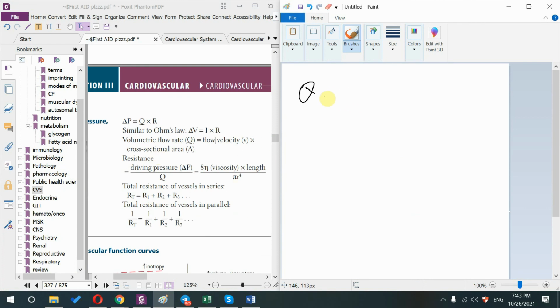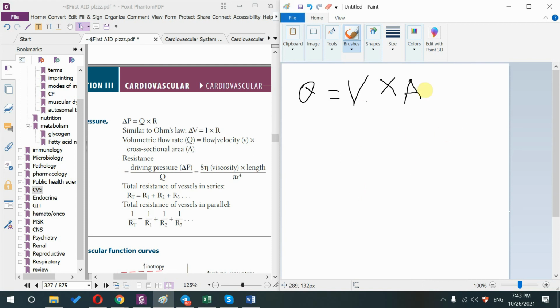Q equals the flow velocity multiplied by the cross-sectional area. Q is the volumetric flow, which means how much volume is going through, okay guys? It's not the speed. The speed is different from the volume.